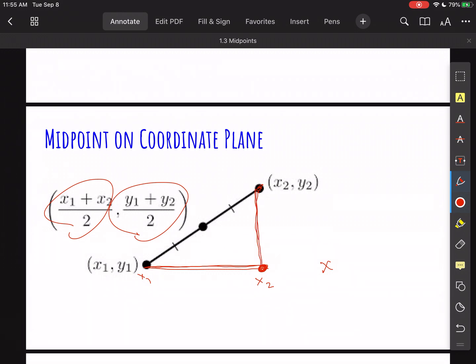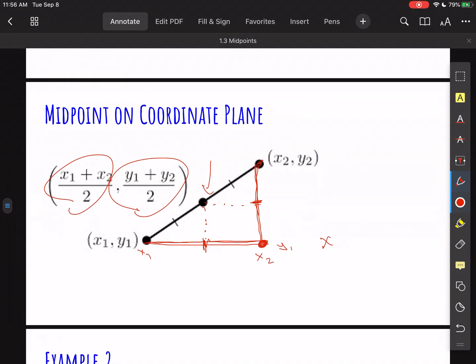So this is going to be at the y1, this is going to be at the y2. All right, so to figure out the halfway point, it's the halfway point here and the halfway point here. If we draw little dotted lines up, we can find that halfway point. All right, so we're going to add the x's together, divide by 2, add the y's together, divide by 2.